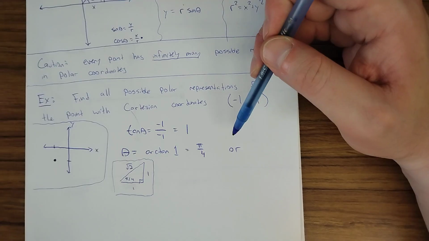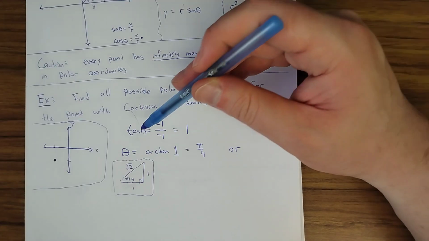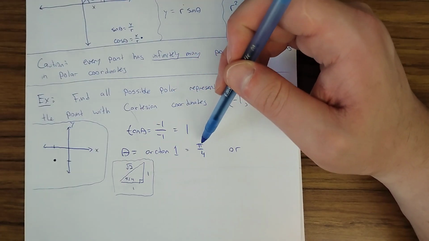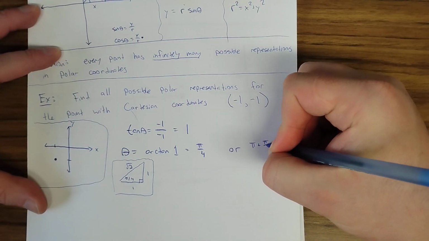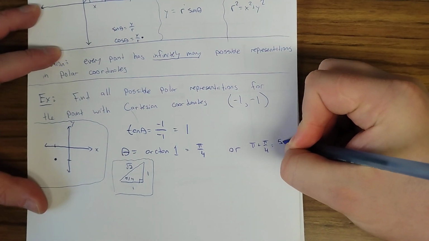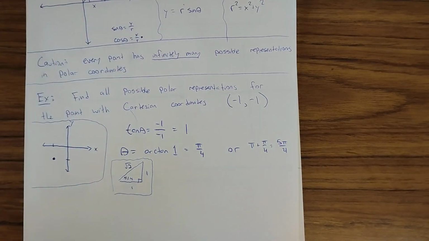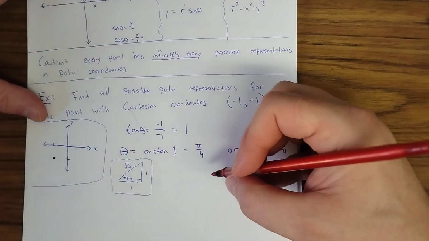There's another answer between 0 and 2 pi because tangent has a period of pi. If I just add pi to this, yeah, let me actually make sure to describe what I'm doing.